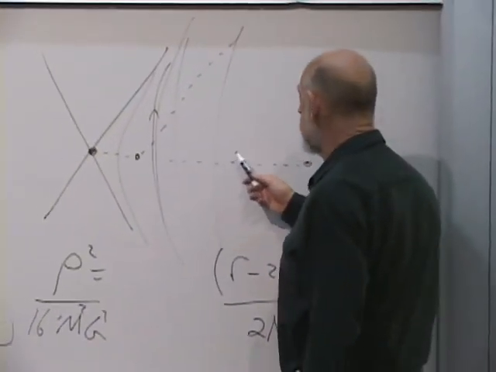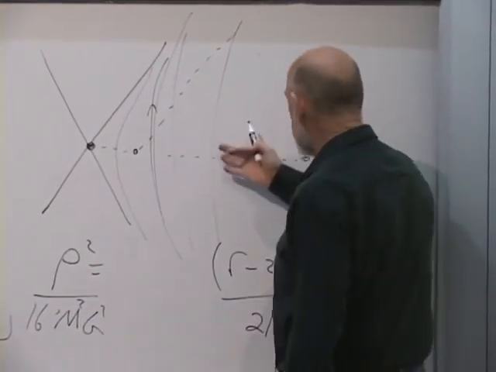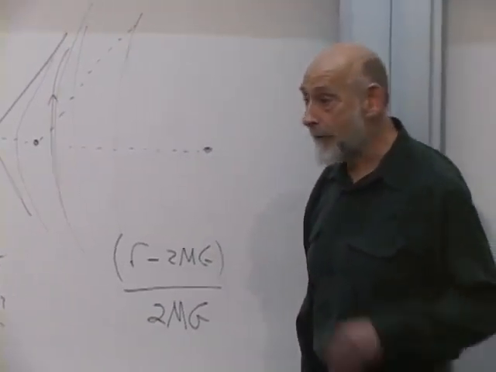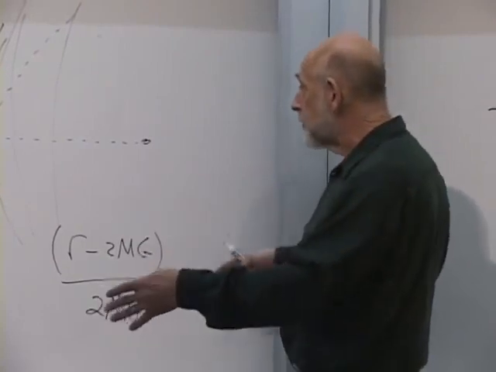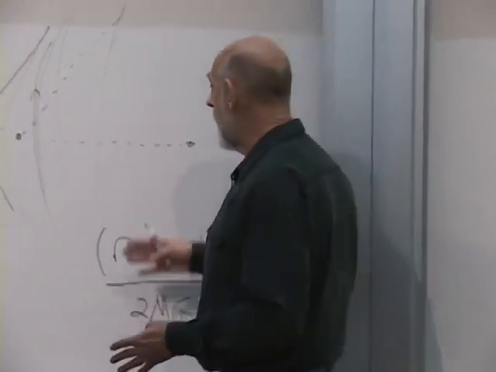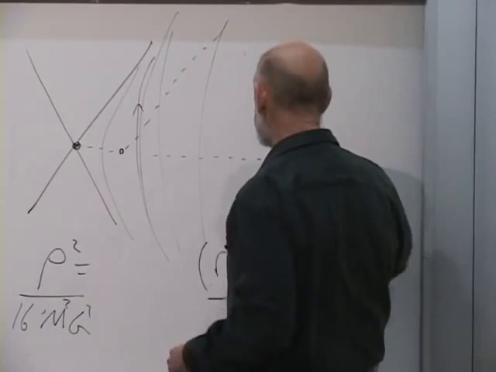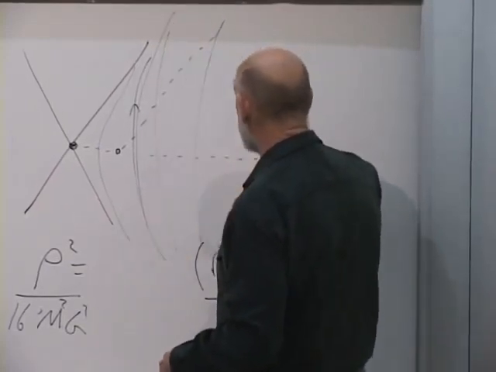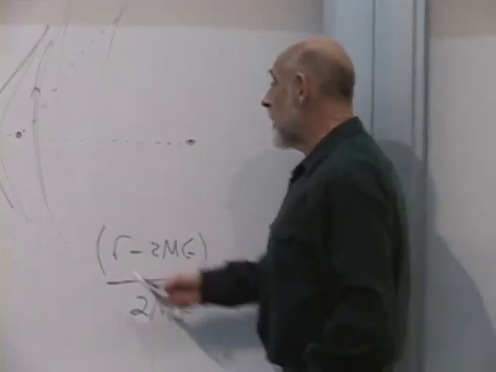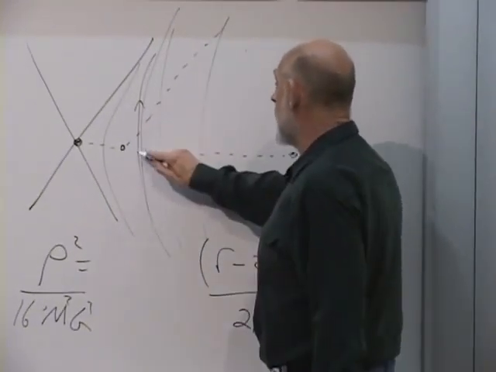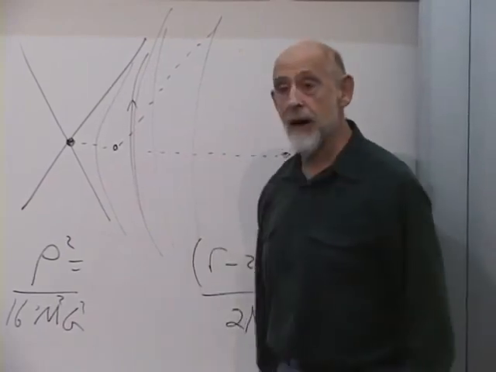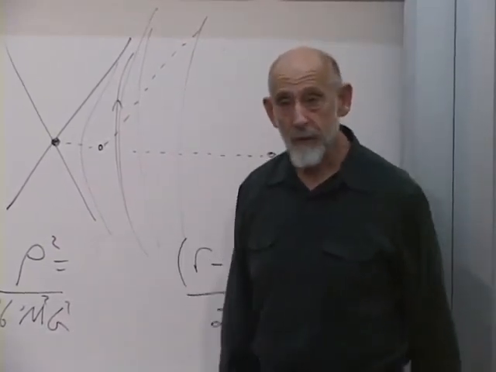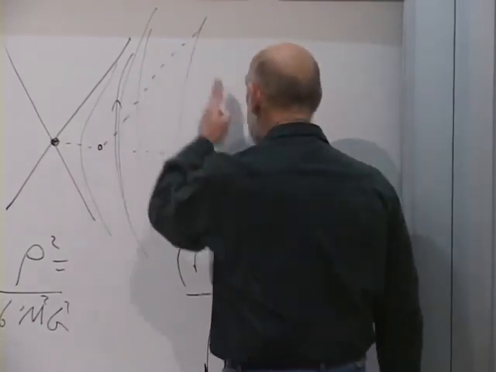So if we imagine a person stationed at each one of these hyperbolas, that means stationed at a value of r. At each value of r, we have another guy. They're standing still, which means they're on a fixed r trajectory, which means a fixed rho trajectory. Somebody in here sends a message. Can they get a message to somebody far out? Yes, they can get a message to anybody, no matter how far out, because this message will eventually cross every one of these hyperbolas.